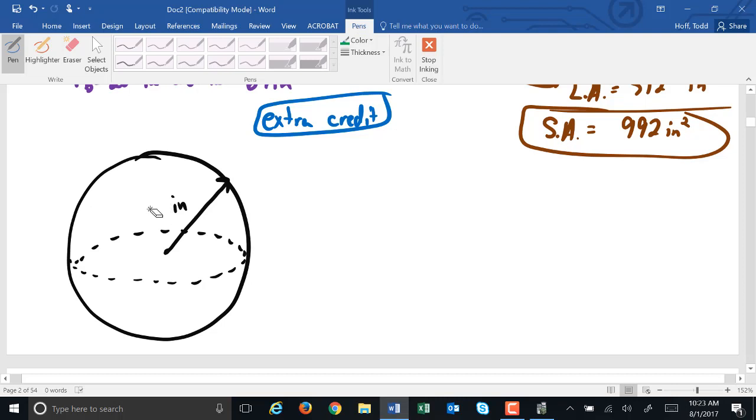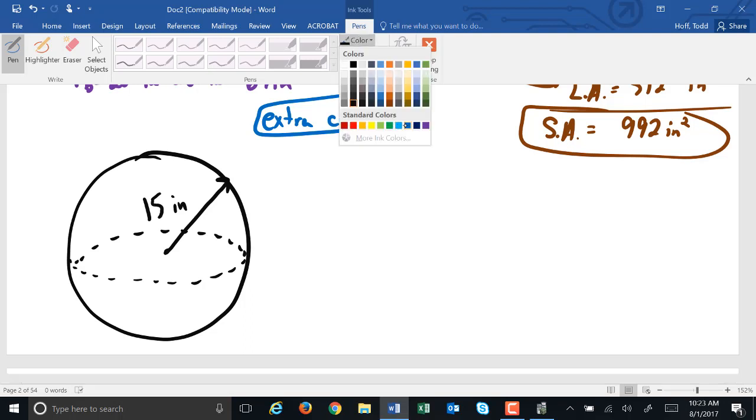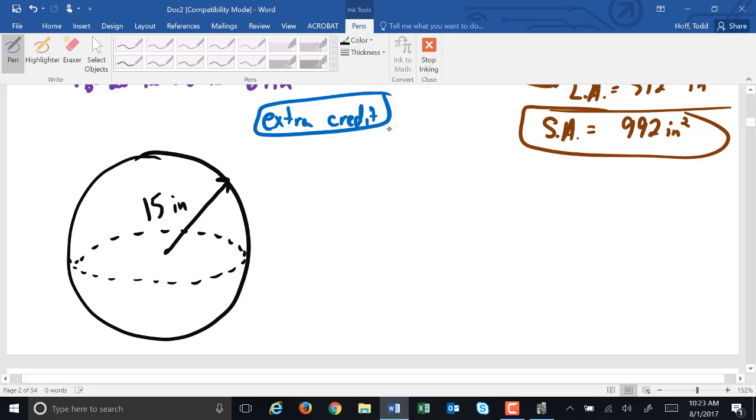Yeah, that's fun. Let's change that up a little bit. I think I've used the example of 6 several times in class. So let's use a 15-inch radius sphere. Volume is 4/3 times pi times radius cubed.